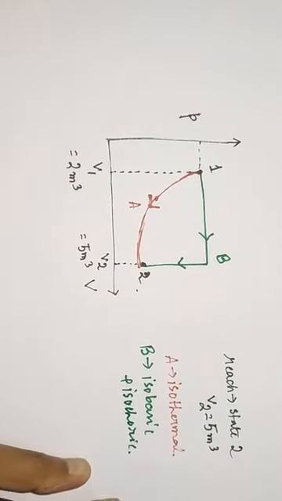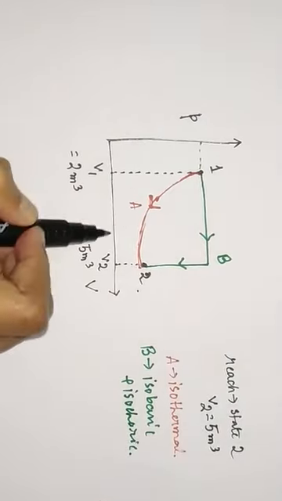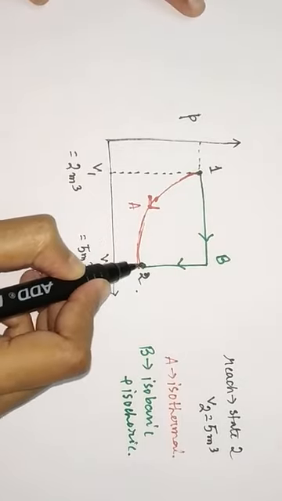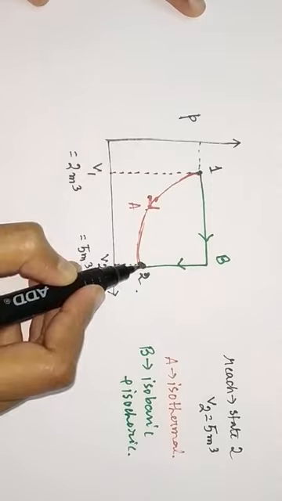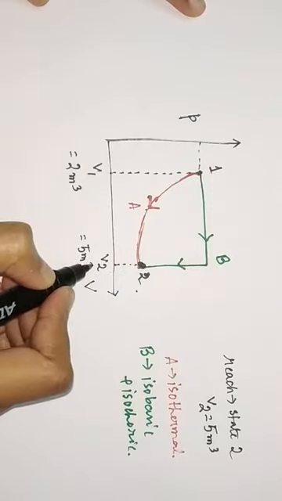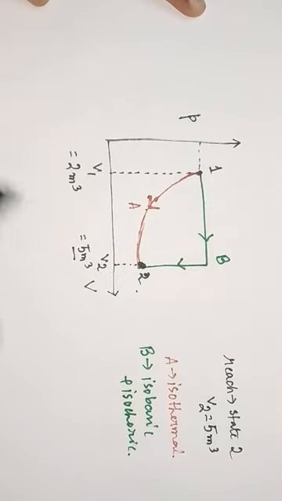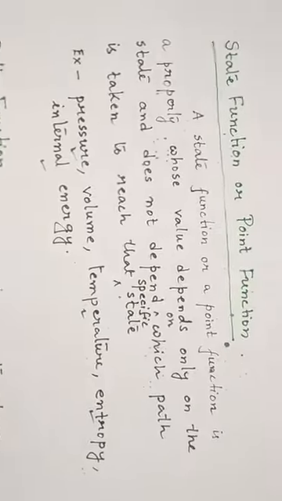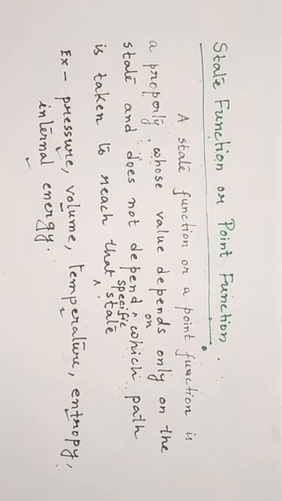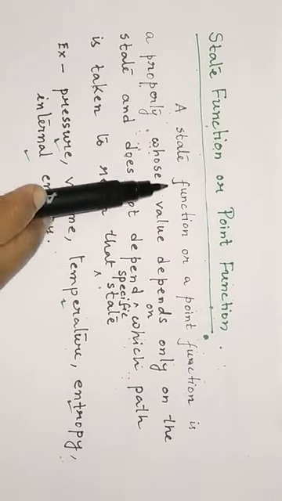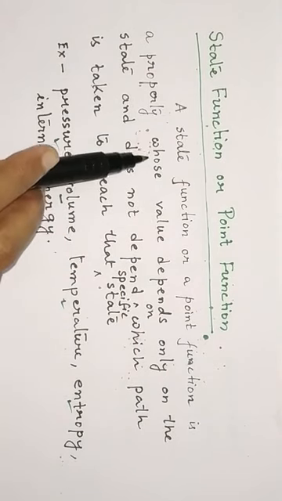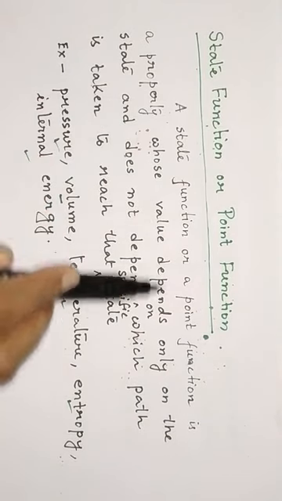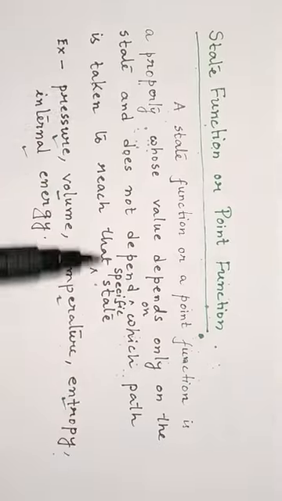So here you see, finally, after we have gone through two different processes, the final state is state 2 where the volume is V2 equals 5 meter cube. As we know that volume is a state function, and according to the definition, a state function is a property of a system whose value depends only on that state.